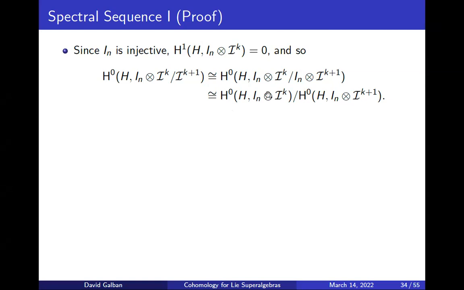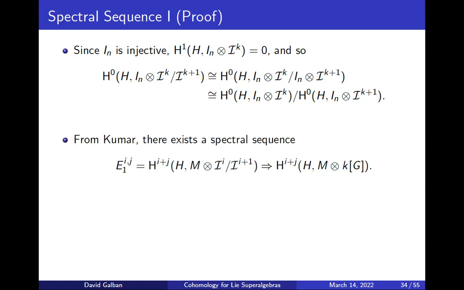And so this is really just the quotient of consecutive terms in the filtration for C^n. And so we're going to get that this is really the E_0 term corresponding to ij in the spectral sequence.